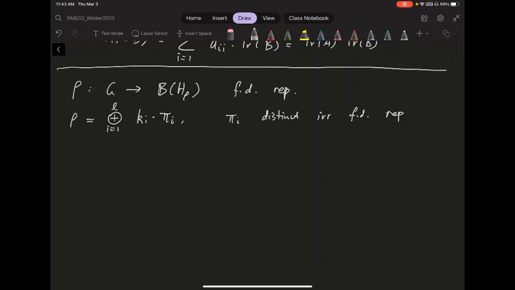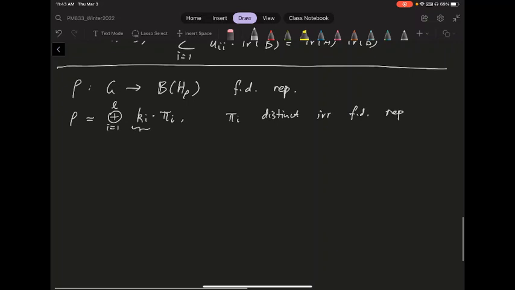But the thing is, this rho can be written as a direct sum of these. And we call these copies, these k_i, the multiplicity. Okay, so we call the multiplicity of pi_i inside this rho to be this number k_i.